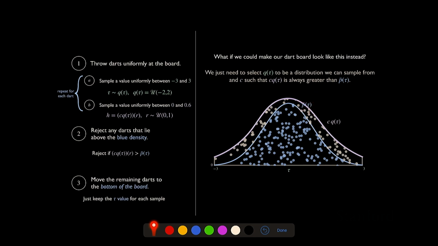We do have to know the unnormalized density for the distribution we're sampling from. That gives us the entire shape of the distribution. What we don't know is the true density, because we don't know the normalizing constant. As long as our purple distribution, the height of the dartboard, is above our unnormalized density, all of this will still work.